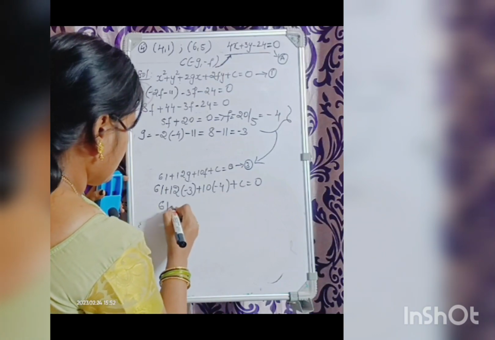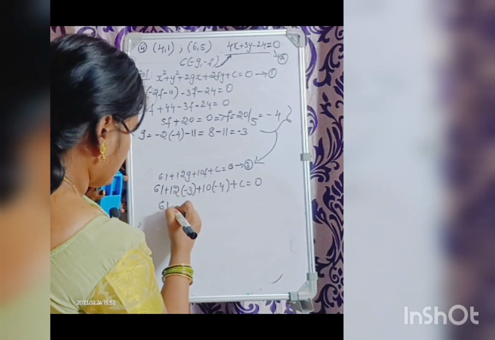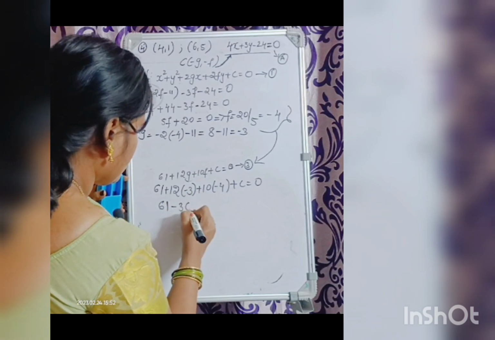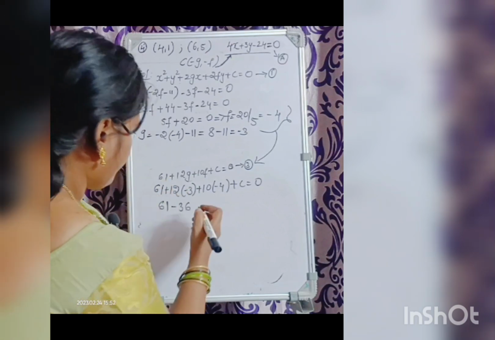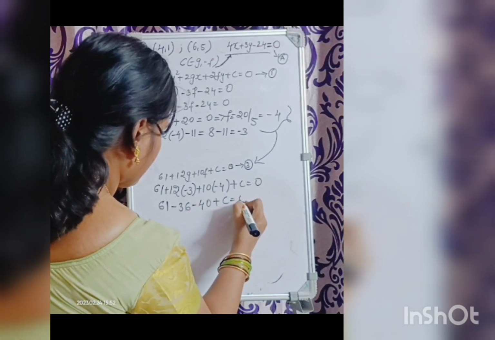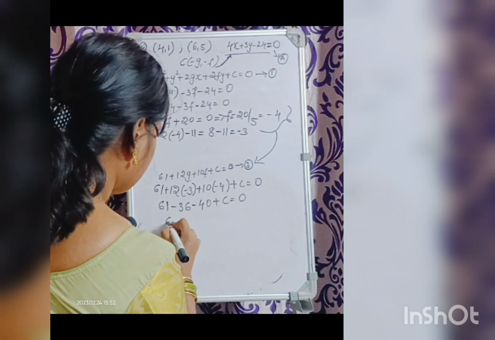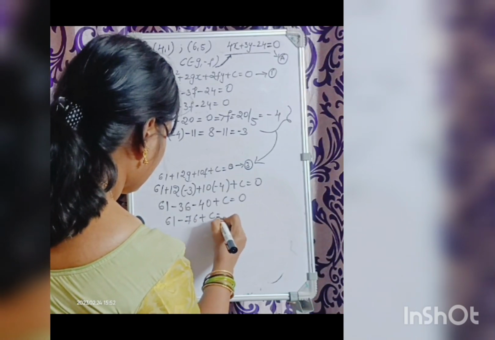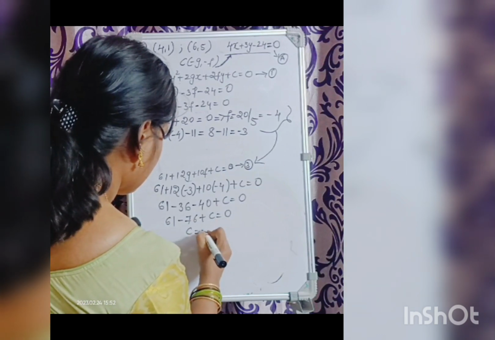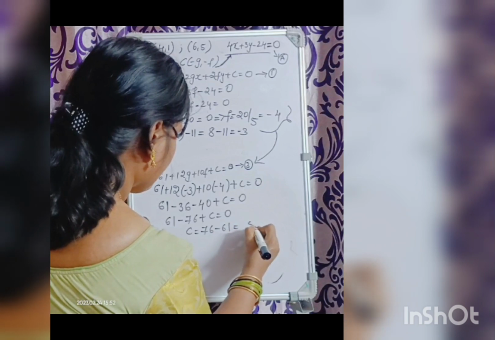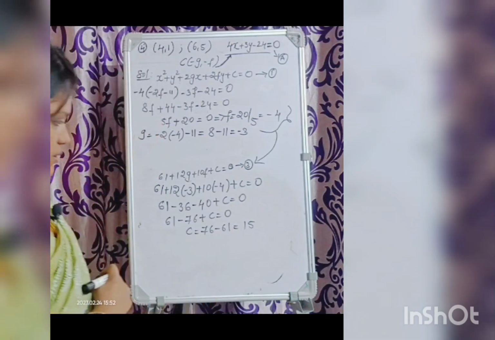In other words, minus into plus is minus, 12 3s are 36, 10 4s are 40, or simply it is 61 minus 76 plus c is equal to 0, or c is equal to 76 minus 61, which is equal to 15.